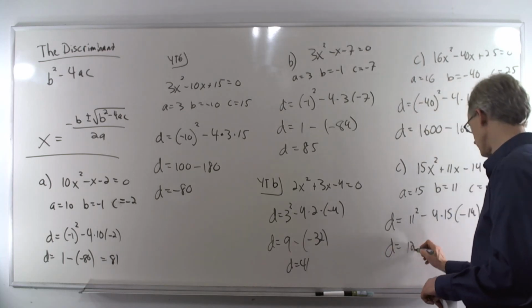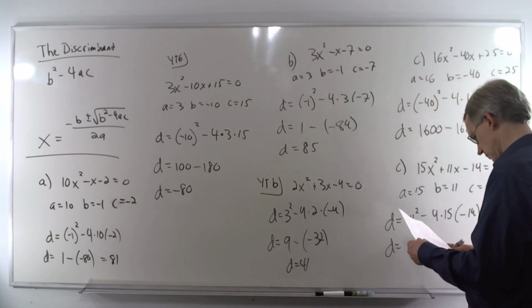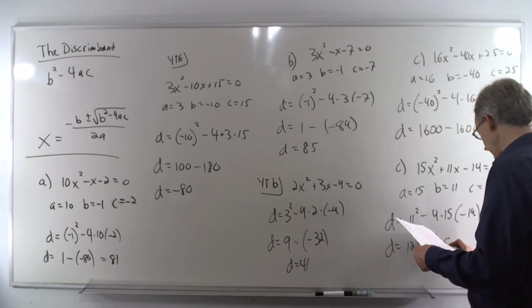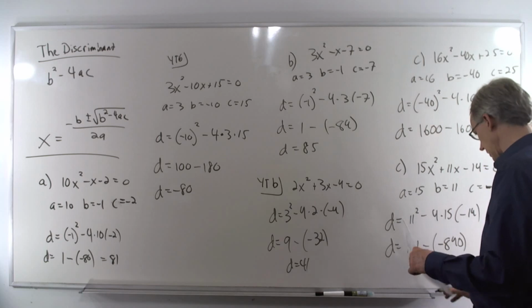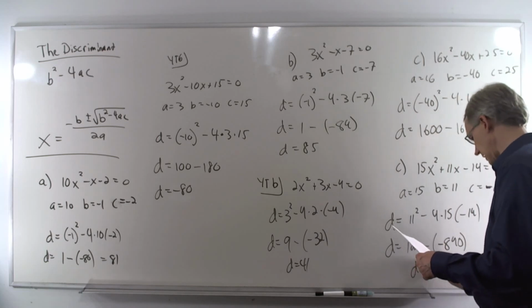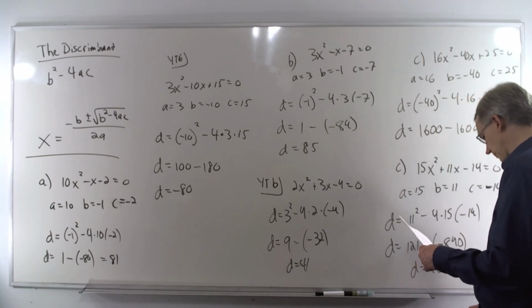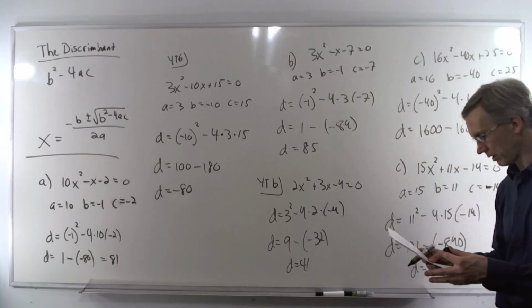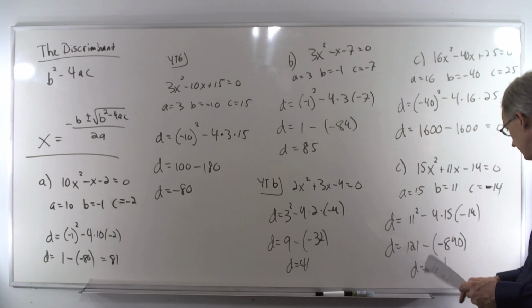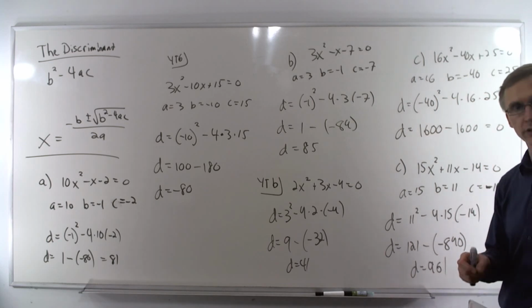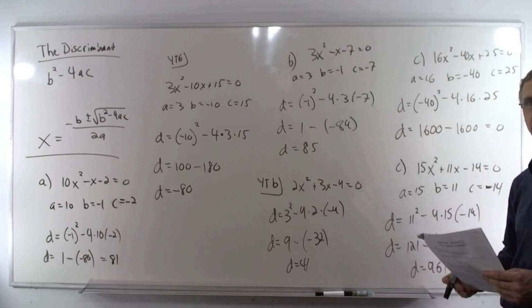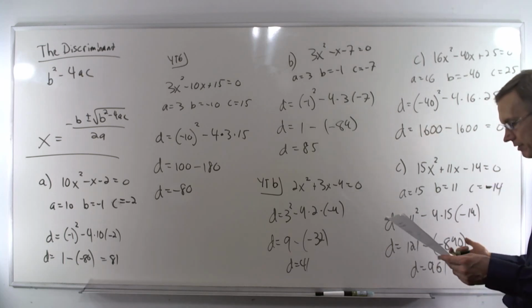So 11 squared is 121, minus negative 840. That gives us D equals 961. And 961 is a perfect square. So that means we've got a positive value, so two real solutions, and it's a perfect square, so that is going to give us two rational solutions. And it can be solved with the zero factor property.